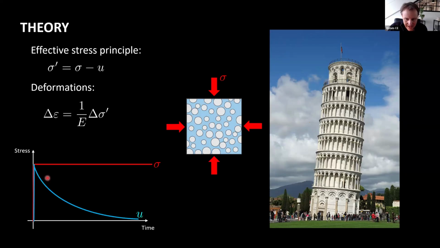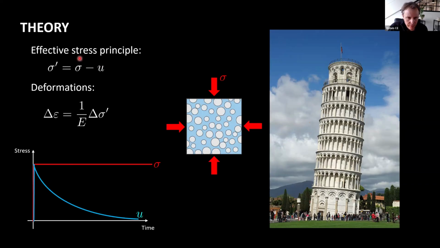And then gradually, as the water seeps out through the edges, which are permeable, you will see that the excess pore pressure, the pore pressure in excess of whatever hydrostatic pressures there may be, dissipates. It tends to go back to zero.